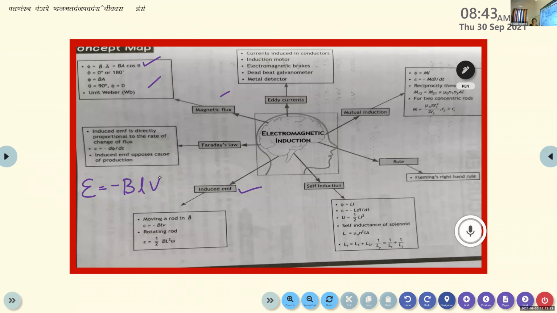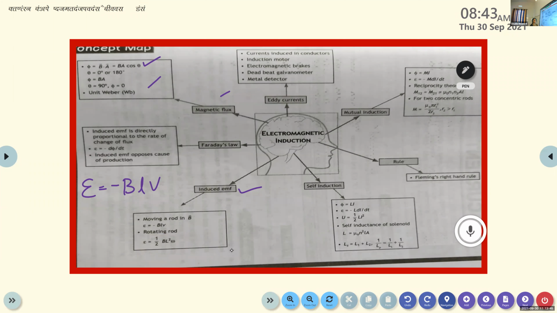Now just imagine if our conducting surface is in a circular shape, then what will be the equation for induced EMF or motional EMF? For a rotating rod, it is half B omega r square.